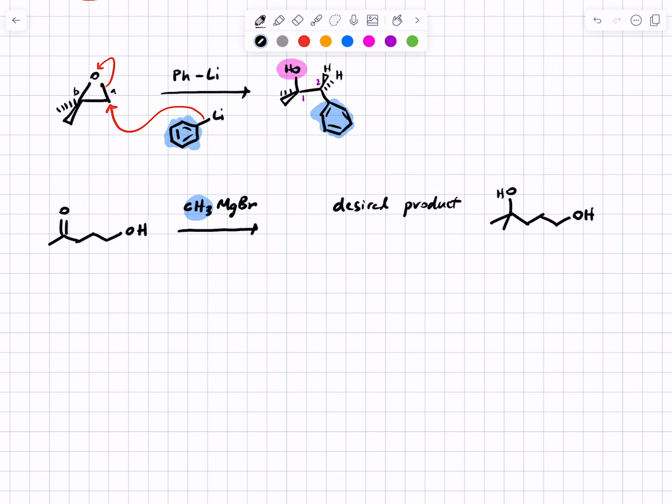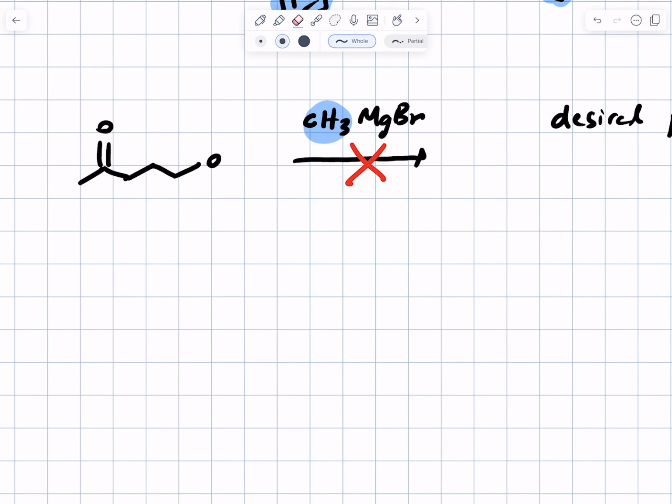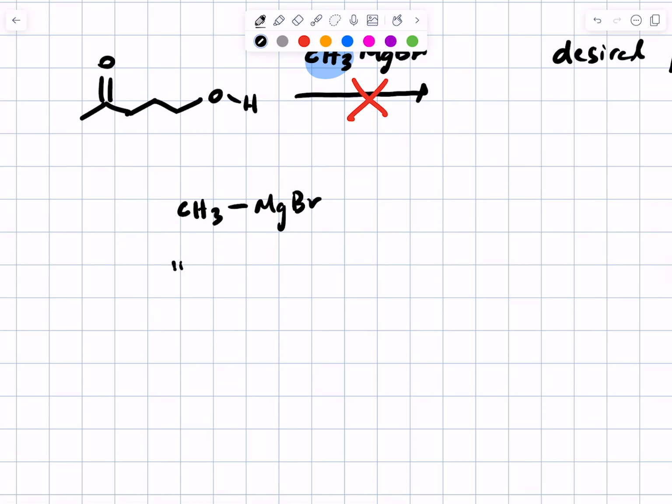The problem is, as set up here, that reaction doesn't work. And as you've read, the reason it doesn't work is that you've got an acidic proton, pKa around 16. You've learned to think of the Grignard reagent as basically being the methyl anion, which is a very, very strong base.